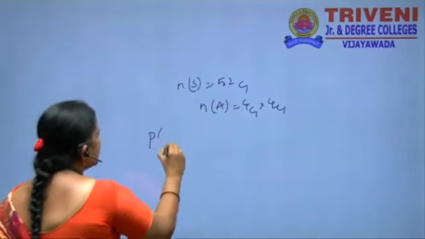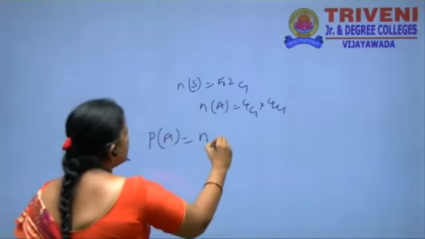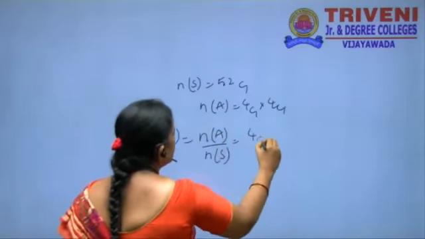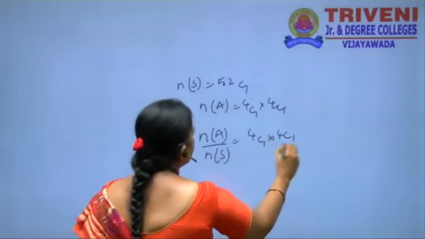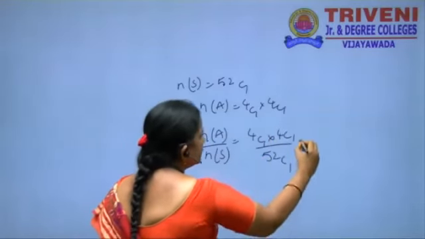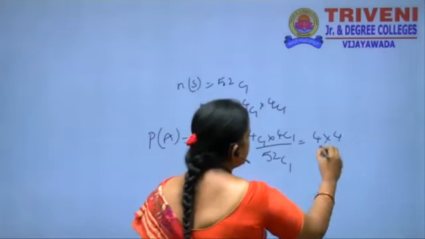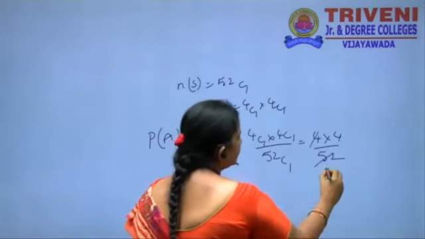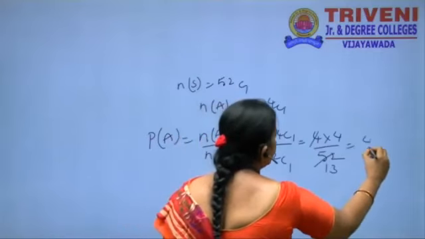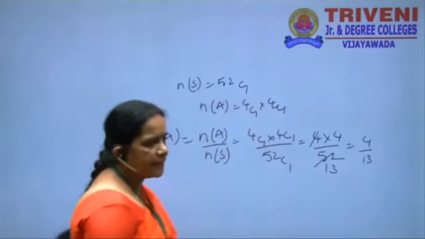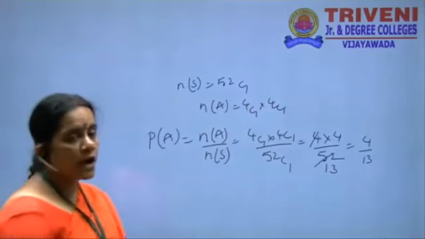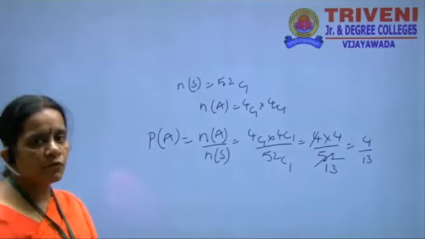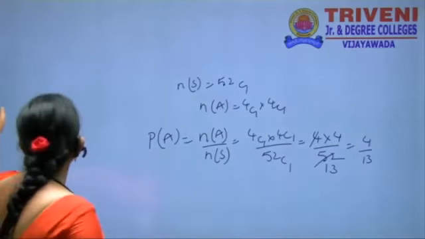Then P of A is equal to N of A by N of S, that is equal to 4C1 into 4C1 by 52C1. 4C1 is nothing but 4. 52C1 is nothing but 52. Here this can be cancelled into 4 by 13. Then the probability of selecting a king or queen is 4 by 13.